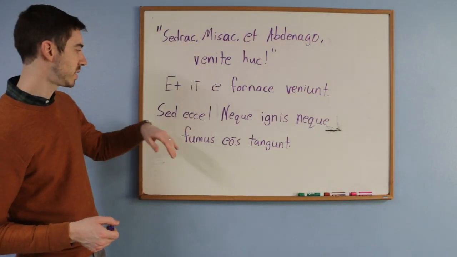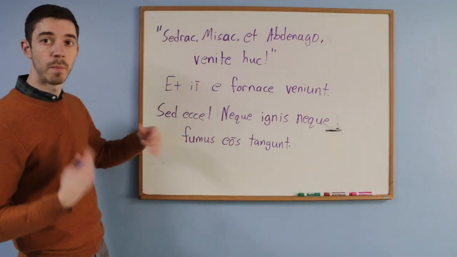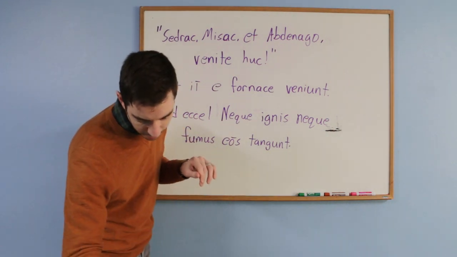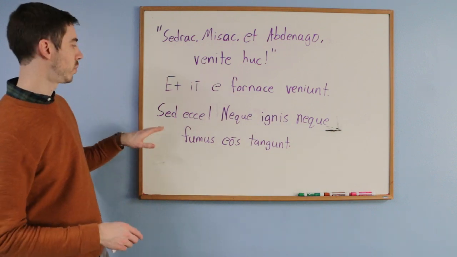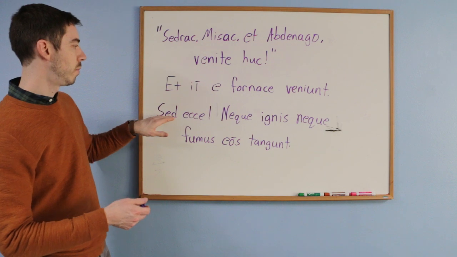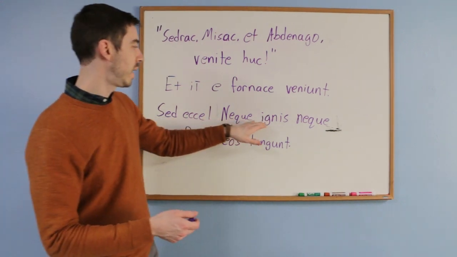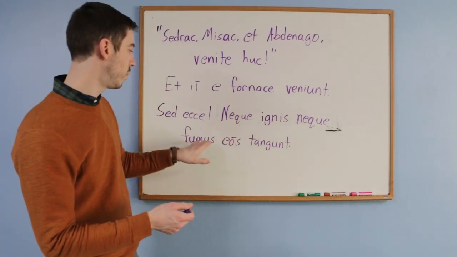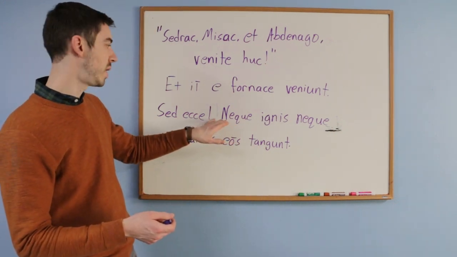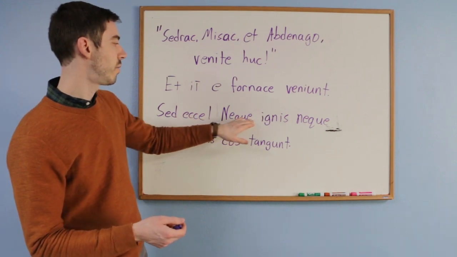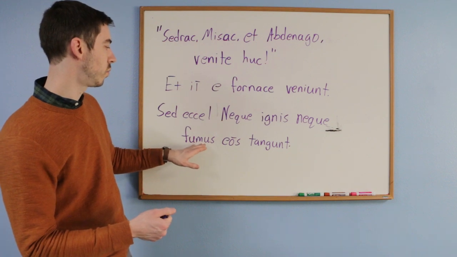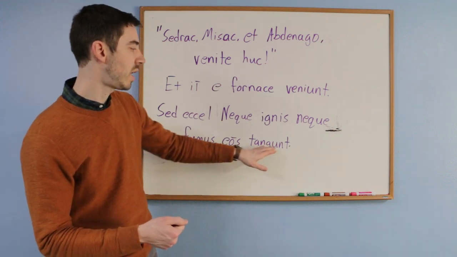All right, so here we go with the next sentence. Sed ecce, but behold. Remember, ecce means behold, I think. That's on your special word list there. But behold, or look, but look. Neque ignis, neque fumus, eos tangent. So neque is another special word, neither. So neither the fire nor the smoke, ignis or fumus, eos tangent.